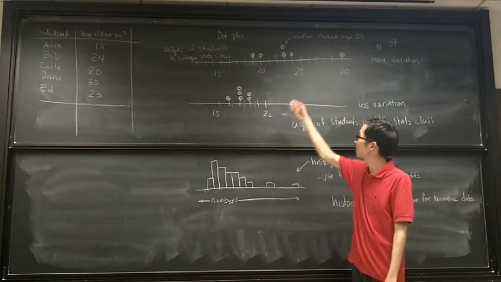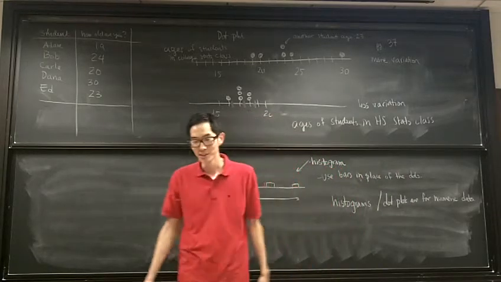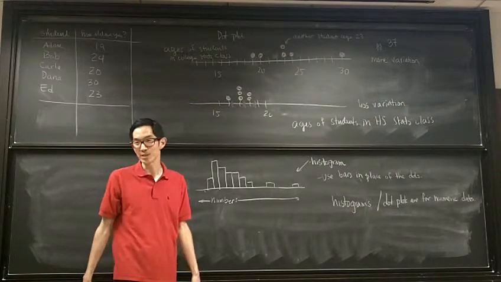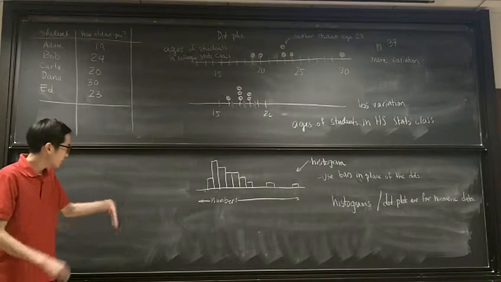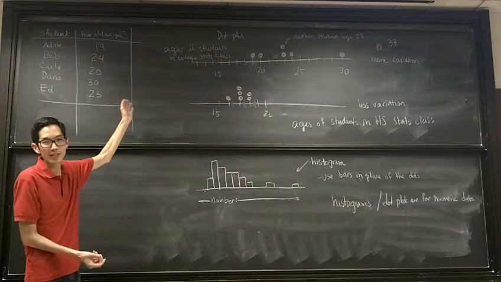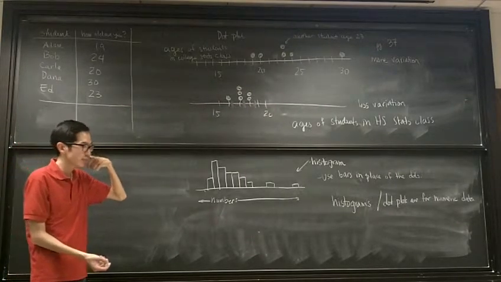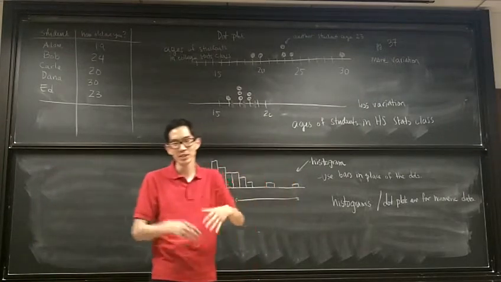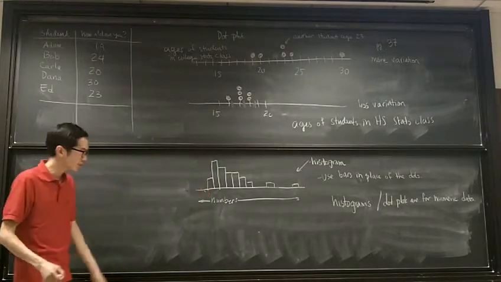Okay, so we'd say something like, most of the ages are in their early 20s, and we've got a student who's 30 and things like that. We're trying to say, how can we describe this set of numbers without having to list off all of the numbers? You're on the phone, and someone says, can you just describe what the ages are like in your class? Imagine we've got 60 students, and this is what the ages look like.